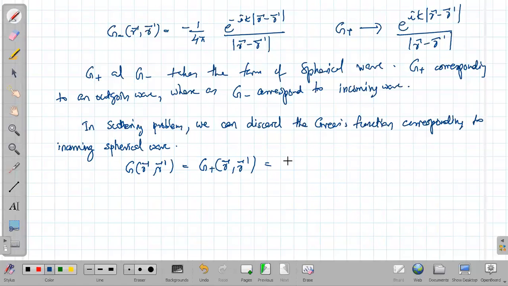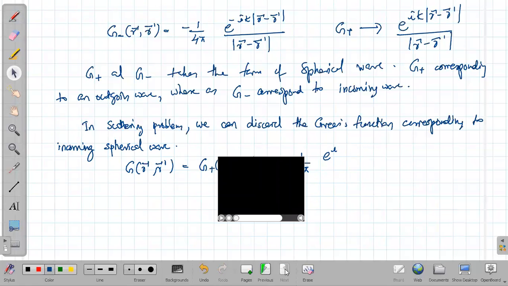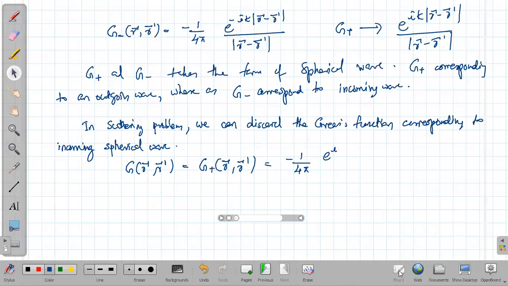And that is simply equal to minus 1 upon 4 pi e raised to ik modulus of r minus r' divided by modulus of r minus r'.